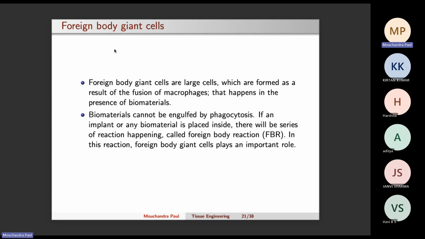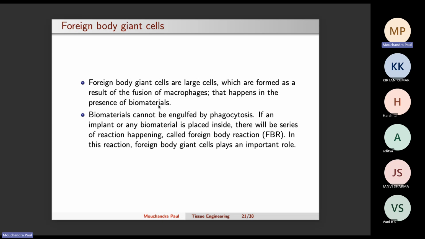Then, as promised, I was going to discuss what foreign body giant cells are. These are very large cells, larger than a single macrophage, because they are formed by the fusion of a large number of macrophages, and they are only formed when a biomaterial is present.